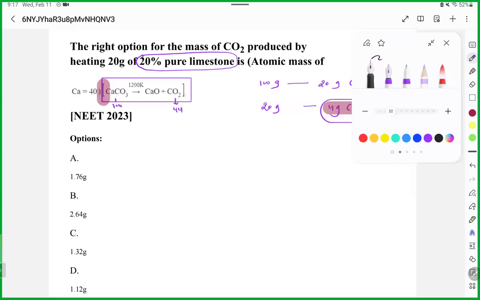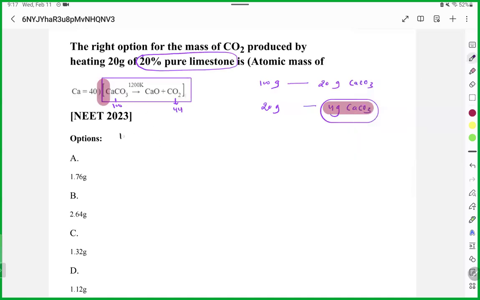Second, if 100 gram of calcium carbonate will produce 44 gram of CO2, how much CO2 will be produced from the 4 gram? You need to know the pure amount of calcium carbonate you have, because of 20% purity.